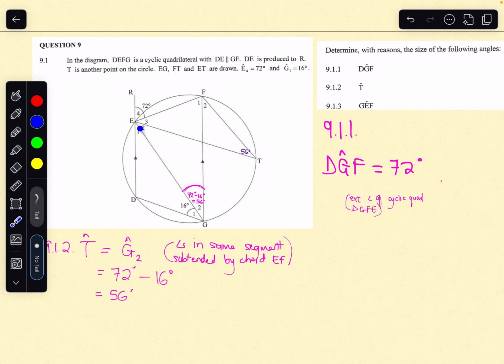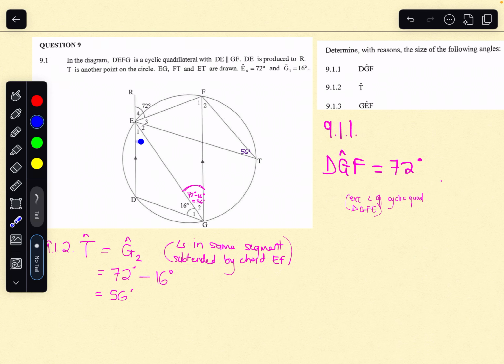There's that alternate angle happening here that would give me this, and then angles on the straight line would give me that guy. Is there another way? This angle is being subtended by this chord, but this chord isn't really doing anything else, so that's a bit of a dud. We could also use opposite interior angles of a cyclic quad if you want to be fancy, but potato, potato.